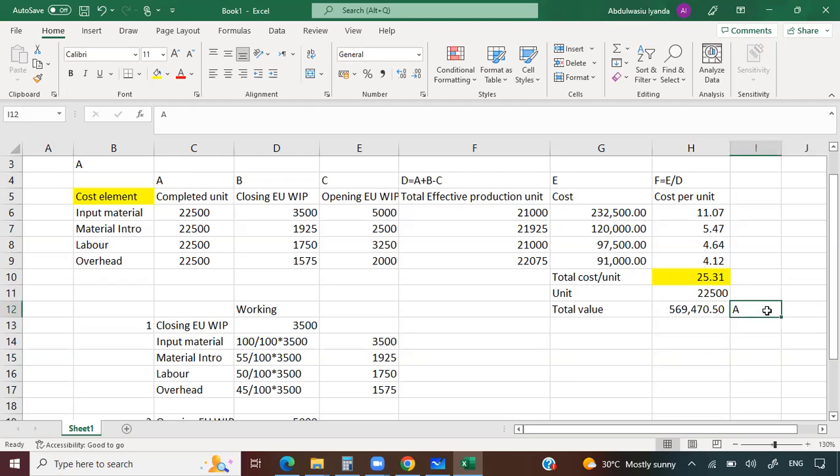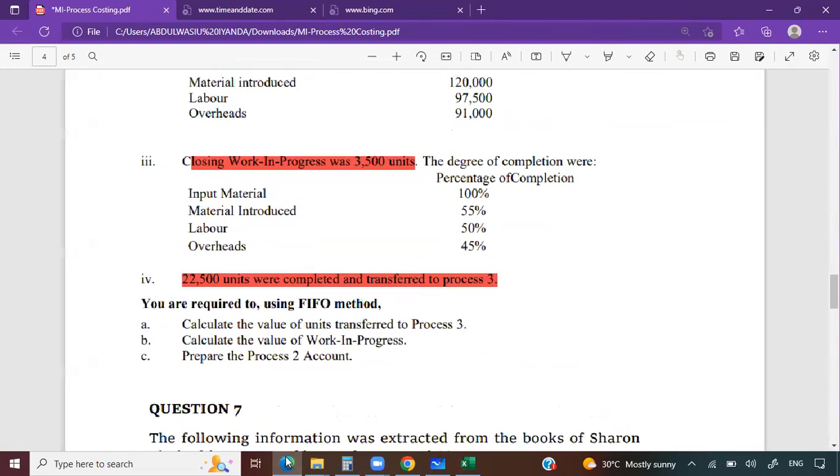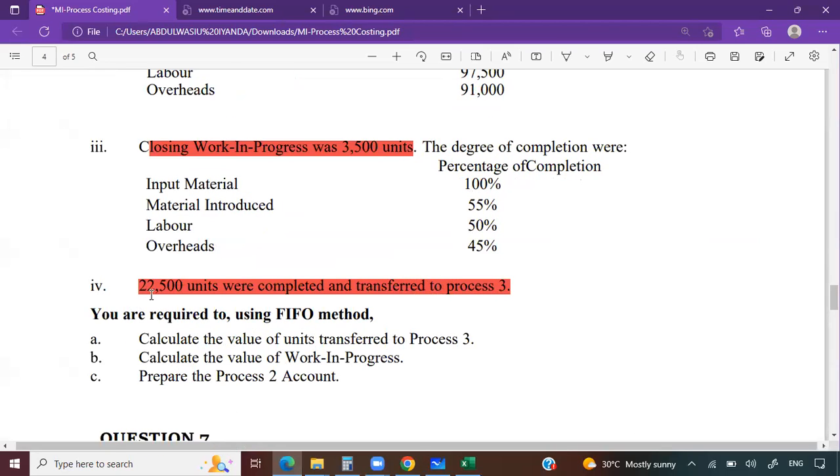This is 22,500. 22,500 is what is completed. That is requirement A. Look at additional information D. It says 22,500 units were completed and transferred to process 3.